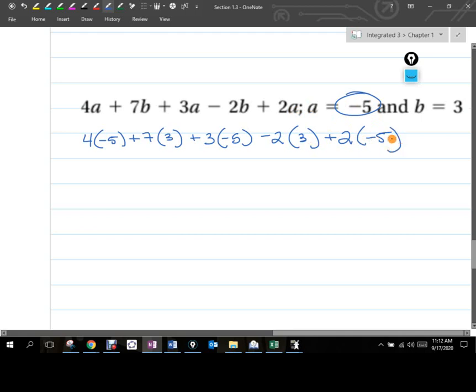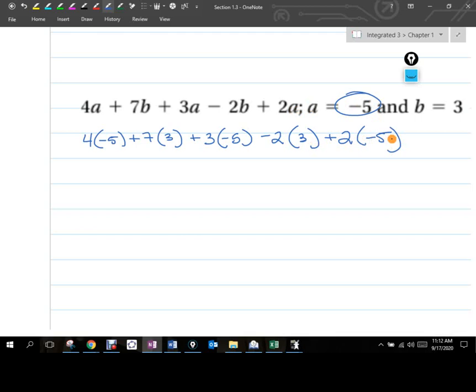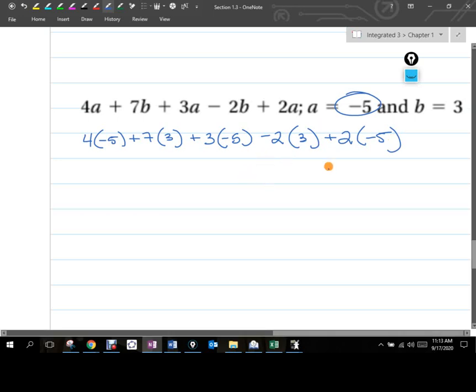All those properties that we just mentioned exist here, because one of those properties was like when we had a -A like that, we write that as negative A. It's the opposite of a term, or the opposite of an opposite, okay? Some of those things might exist here.